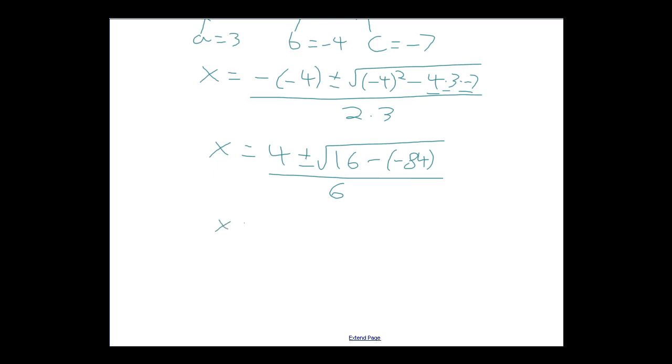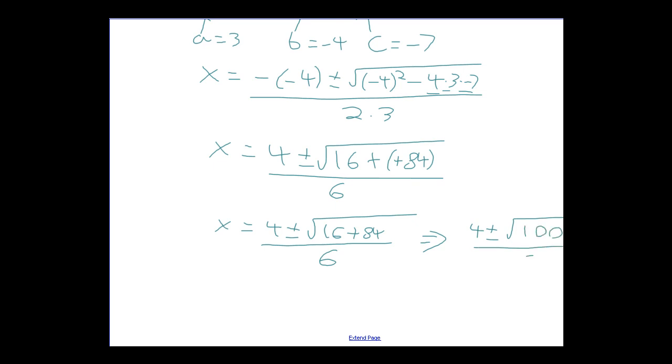Simplifying further, we get x equals 4 plus or minus the square root of 16 plus 84, because here these two negatives cancel each other to make it a positive, again divided by 6, which we can then simplify further because 16 plus 84 under the radical is 100, and again all divided by 6.